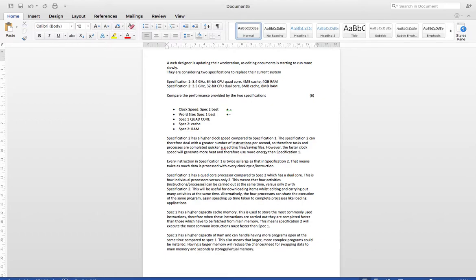Now remember, virtual memory is just like backing storage that's used as RAM under pretense. So in this case, that would actually be a good thing here to make up for the fact that spec 1 has got faster processors.